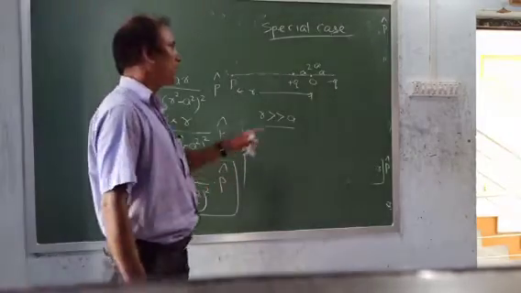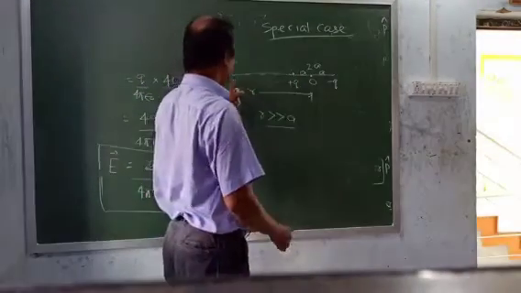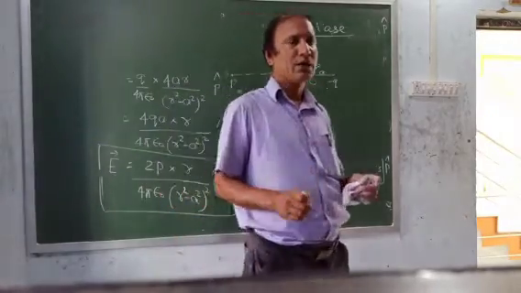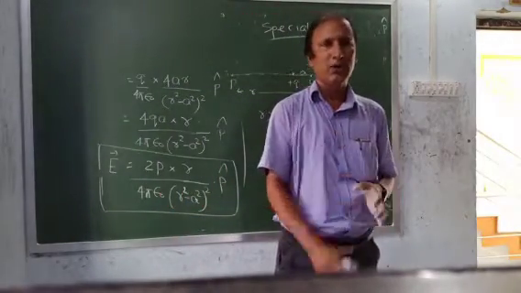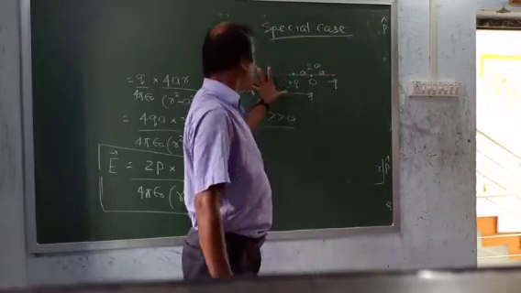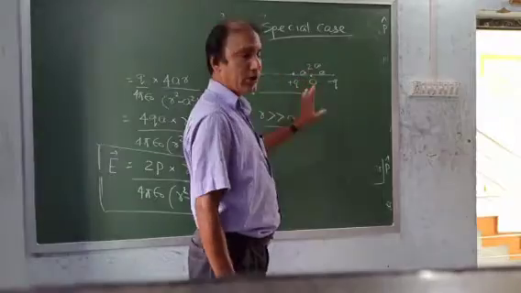Normally in a dipole, the charges are situated at a very close distance to each other. So this distance is very large in comparison to A.